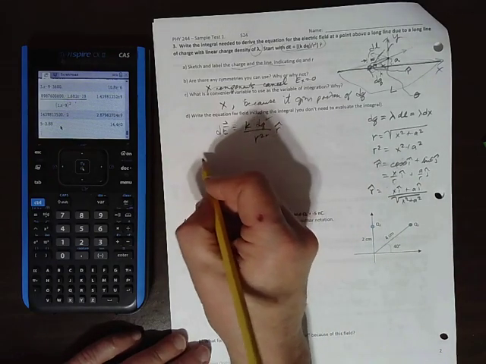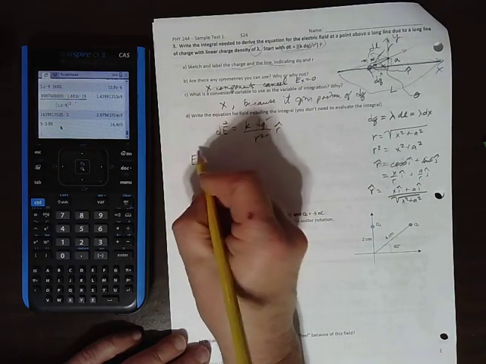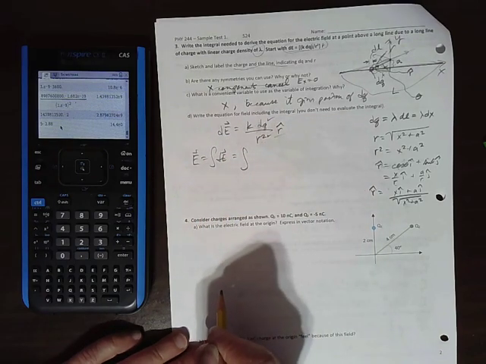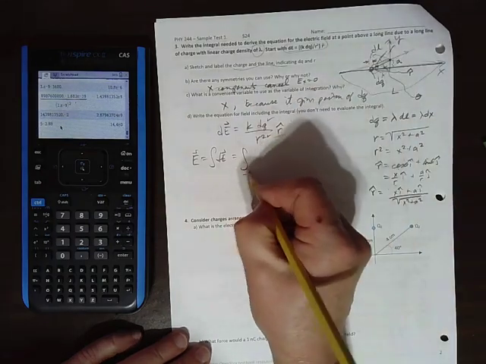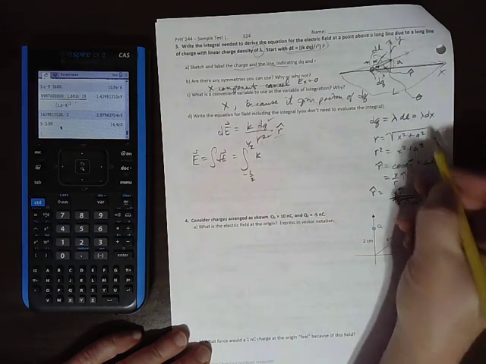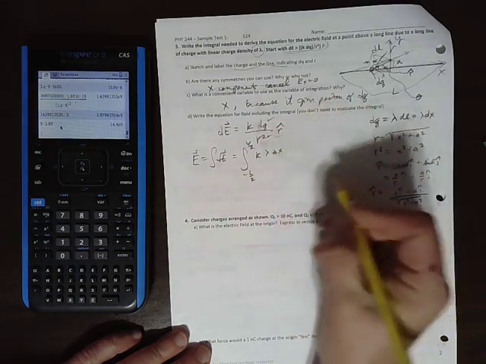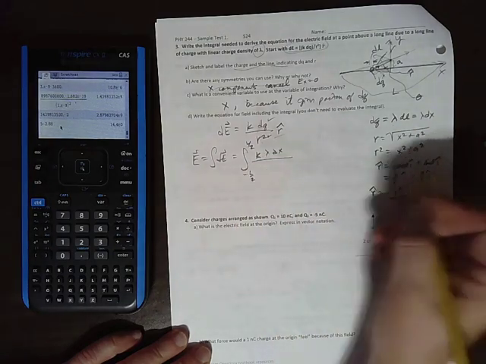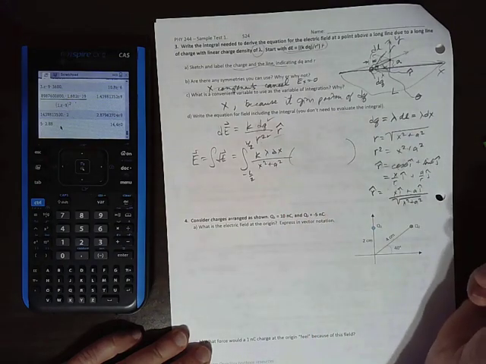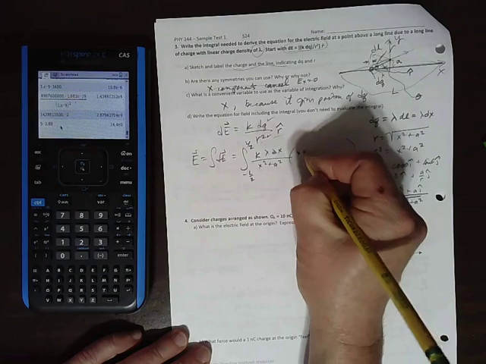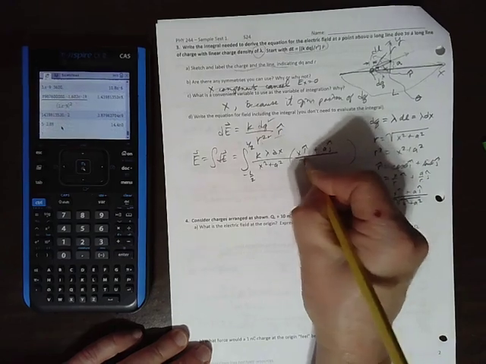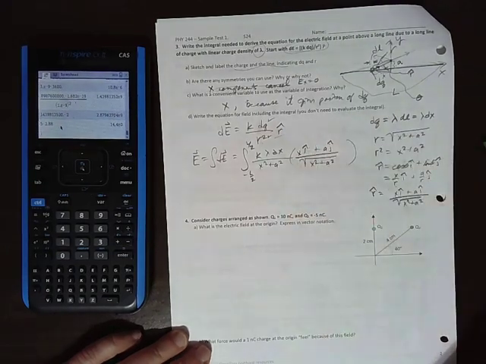Okay, so E is the integral of dE, the integral from, I guess we'd say negative L over 2 to L over 2, the way I've drawn this thing, of K dq, lambda dx over r squared, which is x squared plus a squared, times r hat, which is x i hat plus a j hat over the square root of x squared plus a squared.